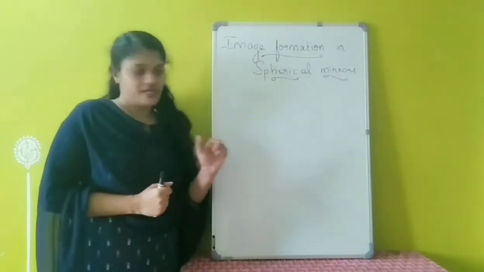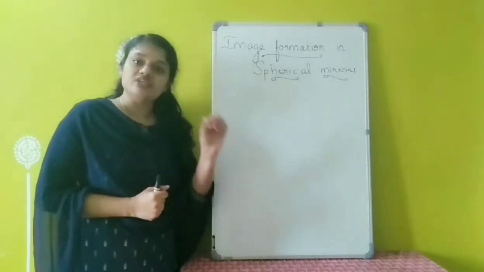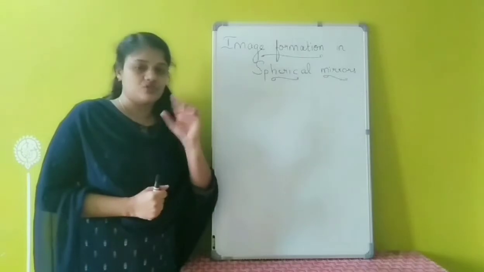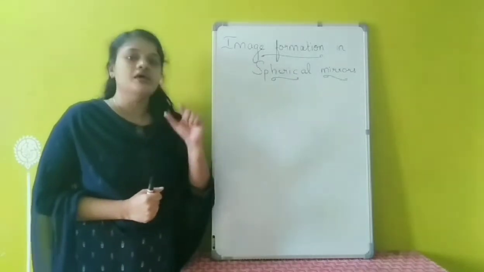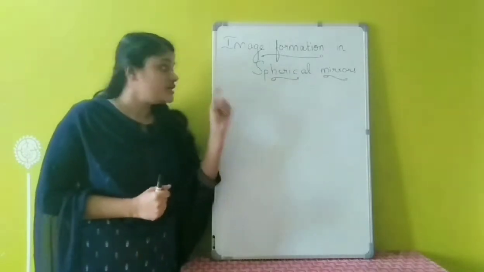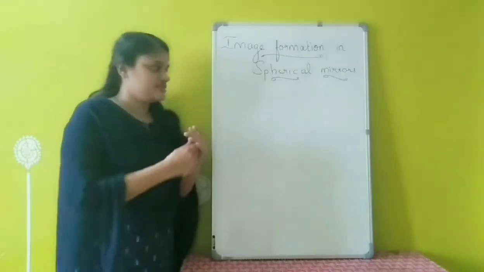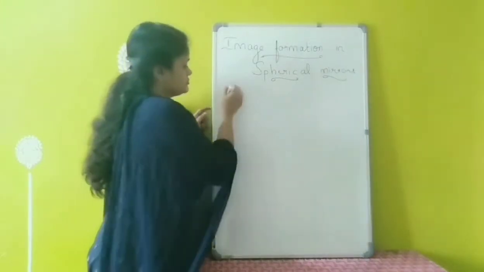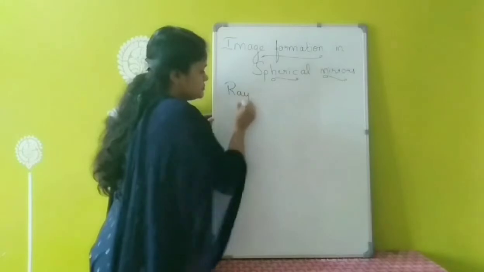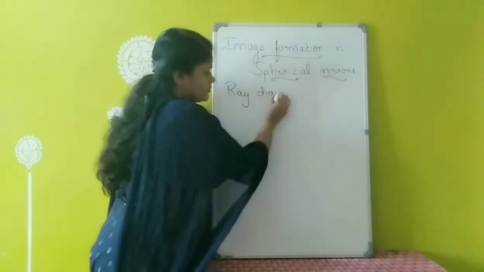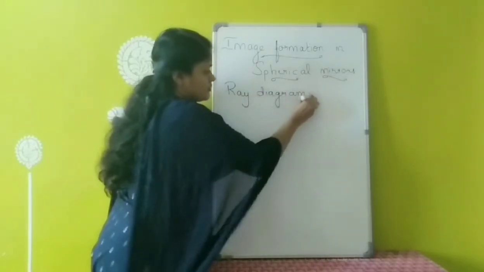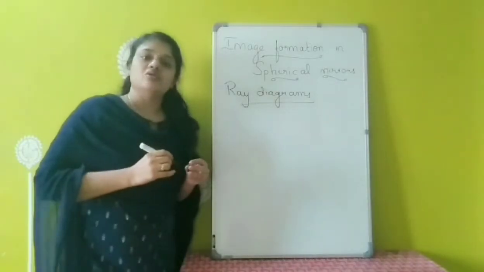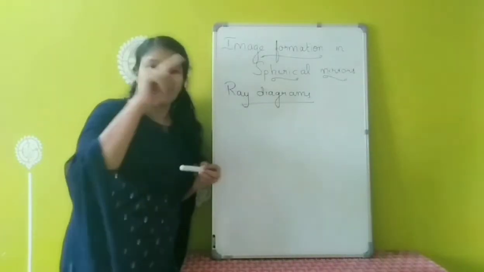the object. Okay. So in order to find the image of an object, suppose an object is placed in front of the spherical mirror, and we have to find the image. We have to draw ray diagrams. Ray diagrams are diagrams drawn with the help of light rays.